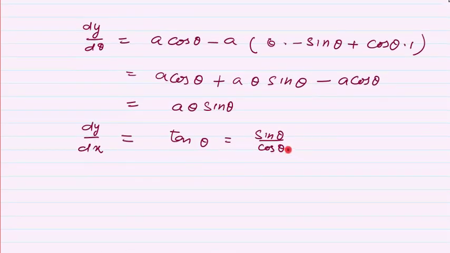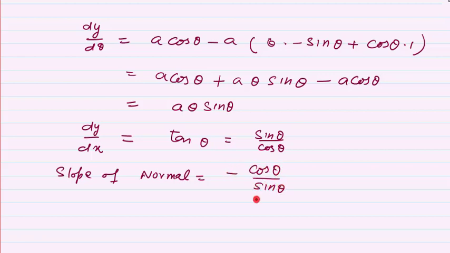This is the slope of the tangent. So clearly the slope of the normal is either minus 1 upon tan theta, or we can have minus cos theta upon sin theta. So now let us calculate the equation of the normal.